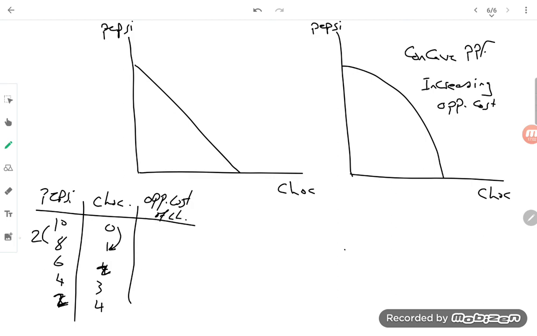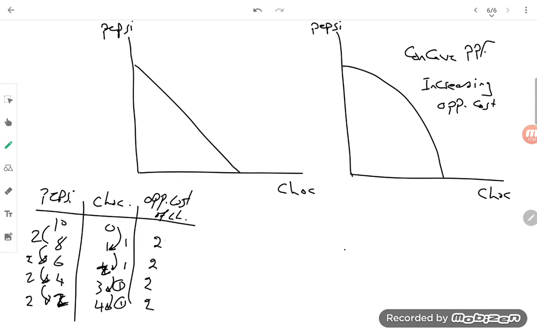So the opportunity cost is 2 over 1, which is 2. Now you would like to increase production from 1 to 2, so you are going to increase production by 1 unit. As a result, you have to decrease production from 8 to 6, which is 2 units. So it is 2 divided by 1, which is 2. Now you are going to add 1 more unit, so you have to give up 2 units. So it's 2 divided by 1, which is 2. Now you are going to add 1 more unit, so the opportunity cost is 4 divided by 2, minus 2, which is 2. 2 divided by 1, 2.